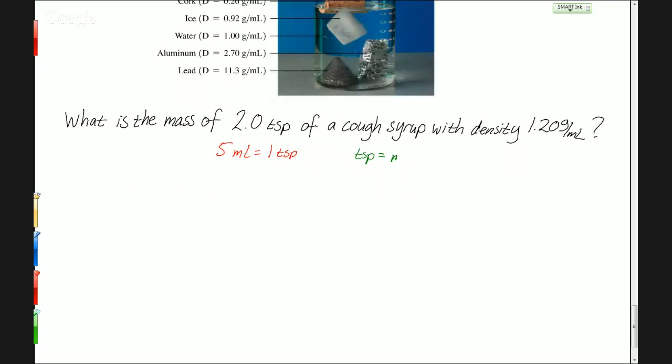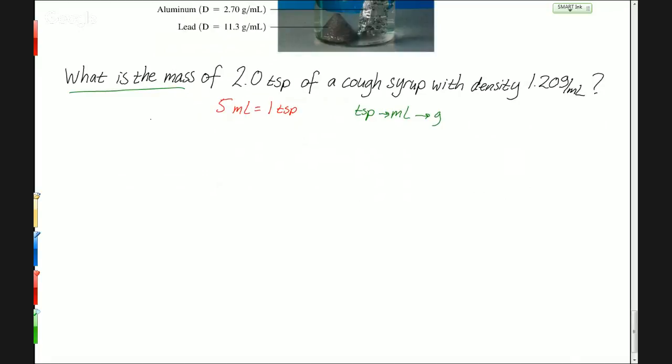Milliliters. Yep. And then what do we want to convert the milliliters to? To grams, ultimately, right? Because the question is asking us what is the mass, and mass is something that we measure in grams. So that's our plan. We start with teaspoons, and we're going to end up with a mass.